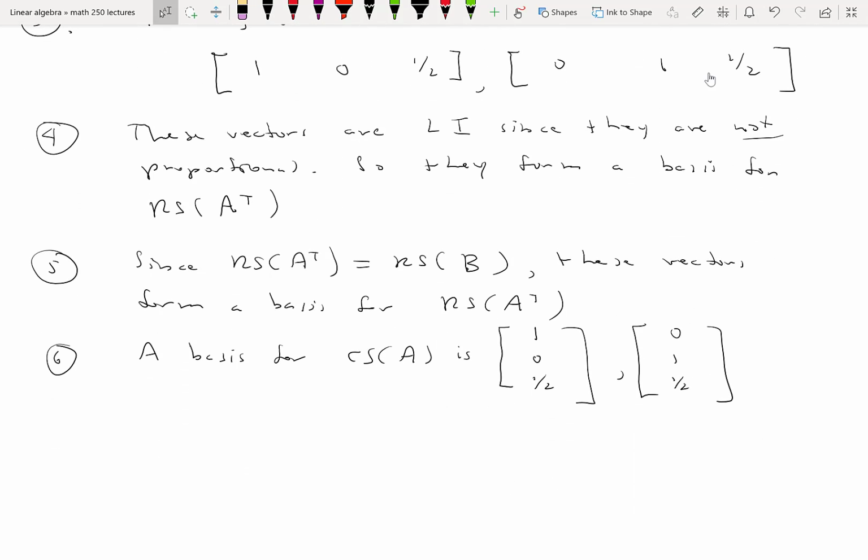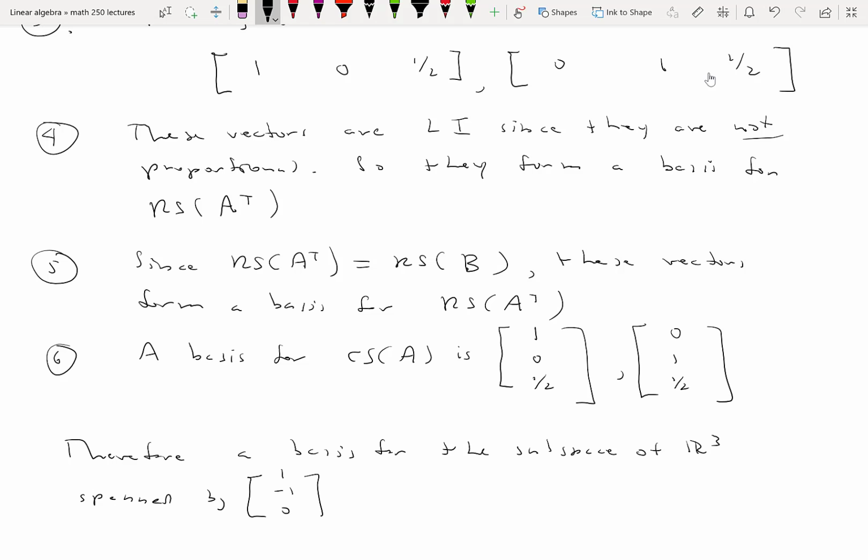And therefore, a basis for the subspace of R3 spanned by the original three vectors 1, -1, 0, 1, 1, 1, and 2, 0, 1.